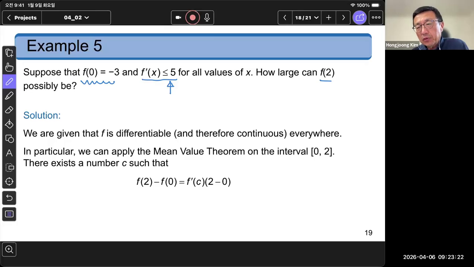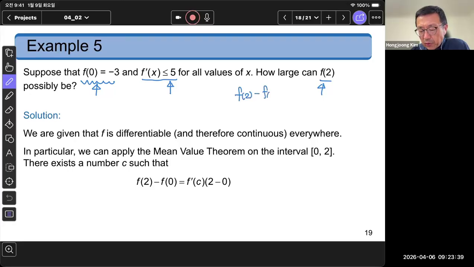I know the value at 0 and I want to estimate the function value at 2. So I want to estimate f of 2.